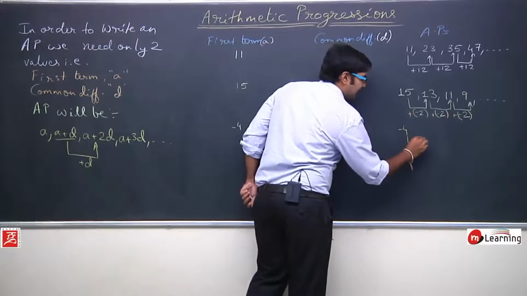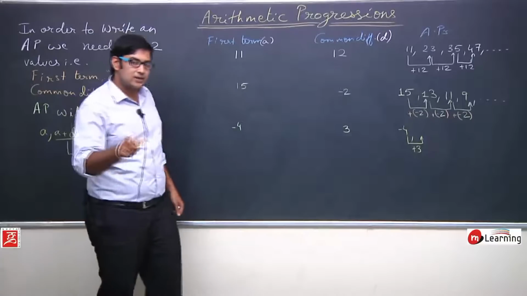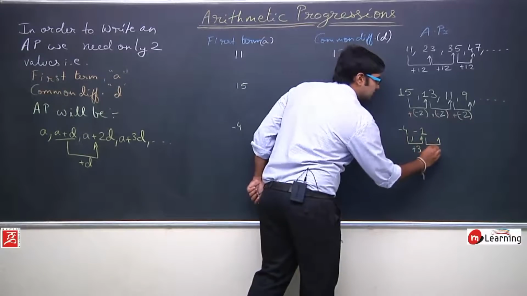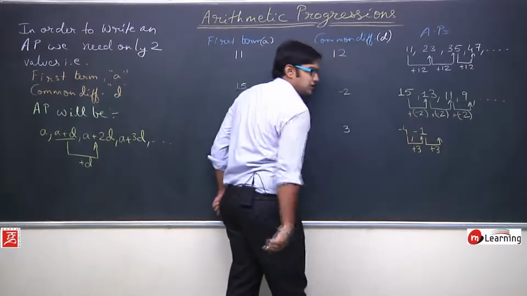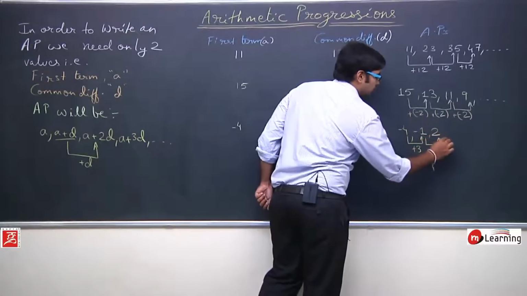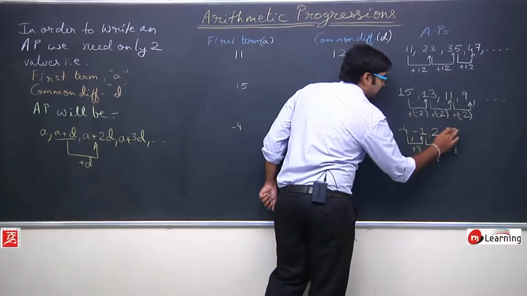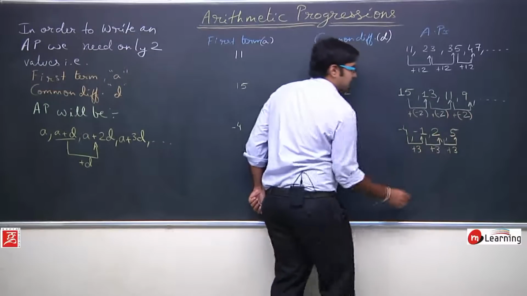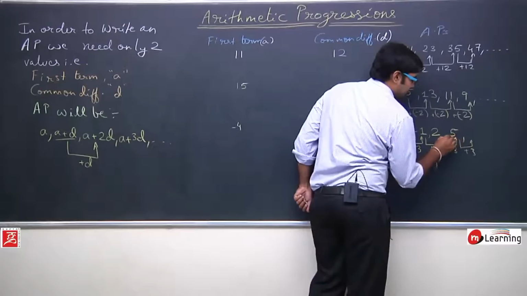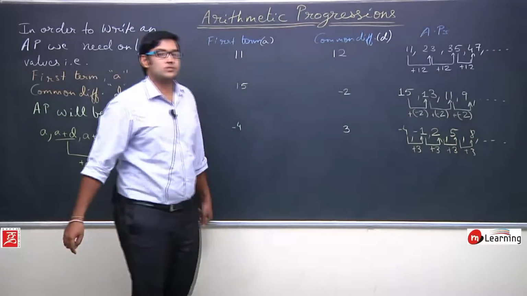Then you will add 3 to this first term. So minus 4 plus 3 will become minus 1. Then again you will add 3 to this minus 1 and minus 1 plus 3 will give you 2. After 2 you will again add 3 and you will get 5. Then after 5 again if you add 3 you will get 8 and so on.